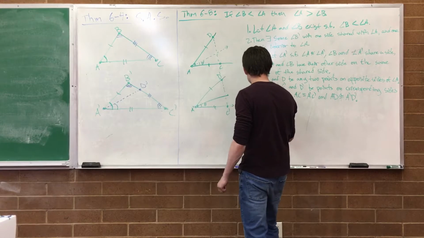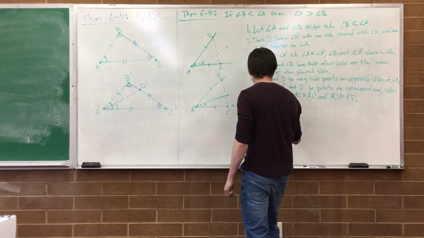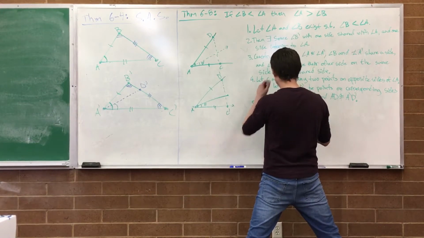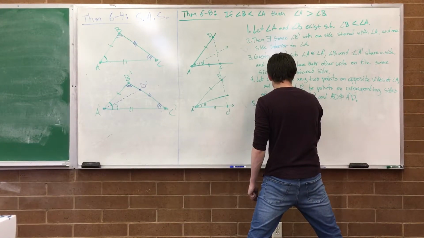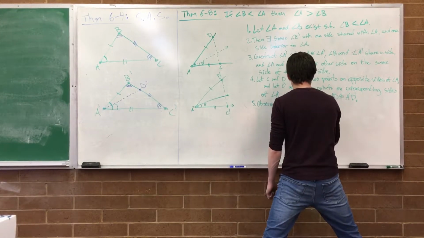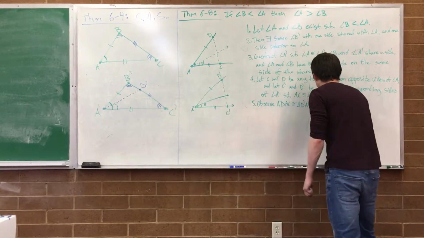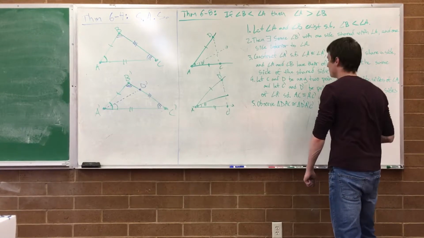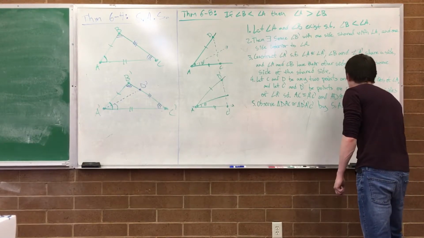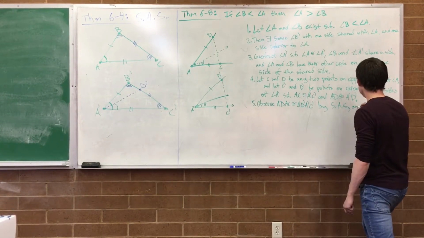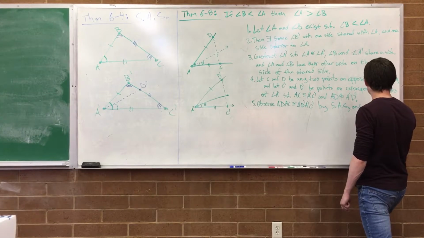So 5, observe triangle DAC is congruent to triangle D prime A prime C prime by side, angle, side, and so C prime is congruent to C. And so angle C is congruent to angle C prime.